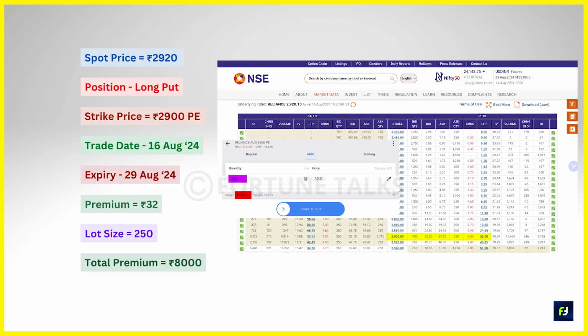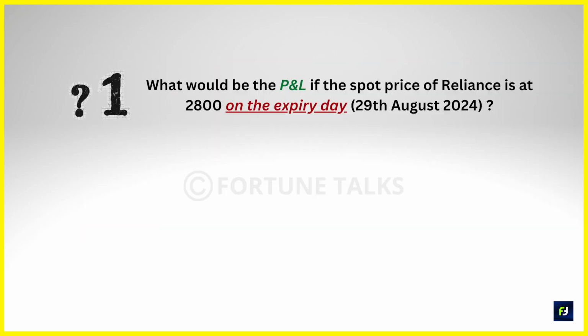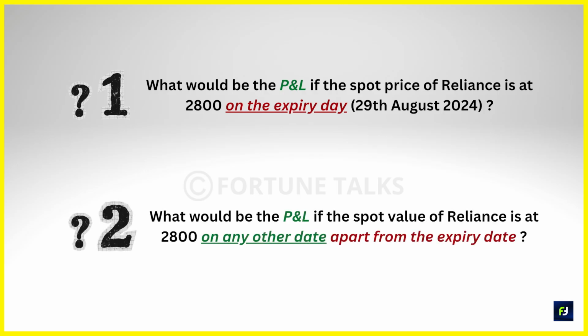Now let me ask you two questions. What would be the profit and loss assuming the spot price of Reliance is at 2800 on the expiry day, that is on 29th August 2024? The second question is, what would be the profit and loss assuming the spot value of Reliance is at 2800 on 20th August 2024 or maybe any other date apart from the expiry date?